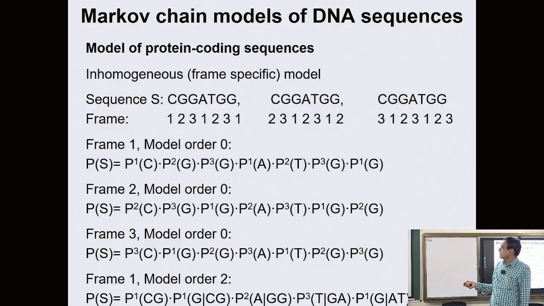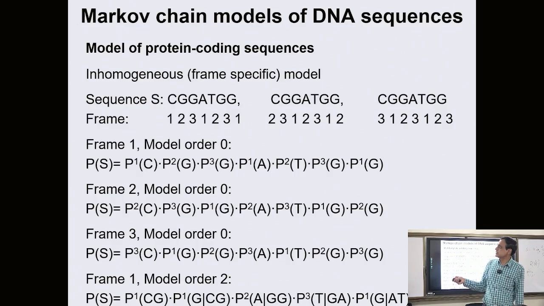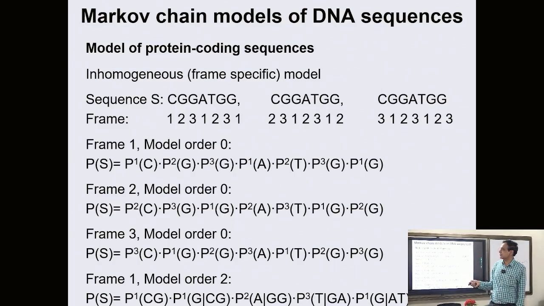Let's compute the probability of this sequence to be protein coding in frame 1 given model order 0. Model order 0 means probability of C multiplied by probability of G multiplied by probability of G and so on, but now you have to keep track of position also. So you will put the positions as superscript. So probability of C position 1, probability of G position 2, and so on.